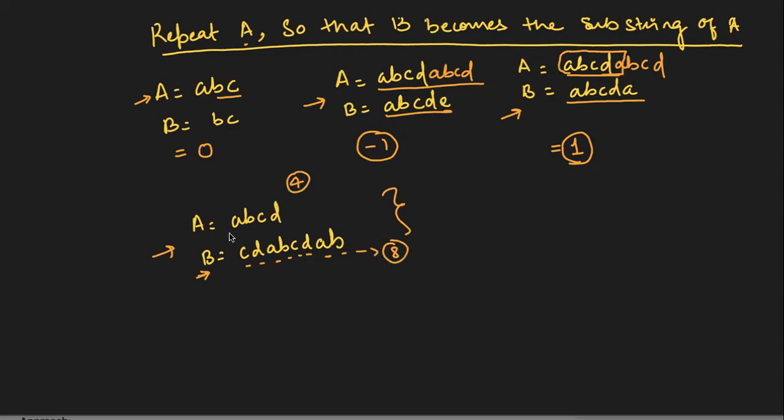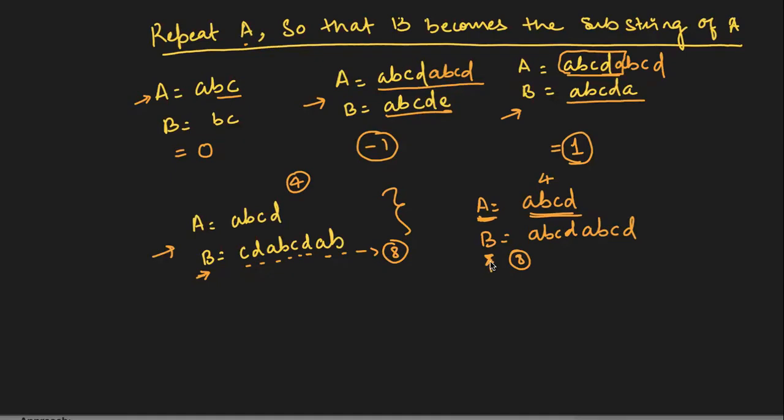So let's take this example first. A is ABCD, and B is equal to ABCDABCD. Here, A has 4 characters and B has 8 characters.